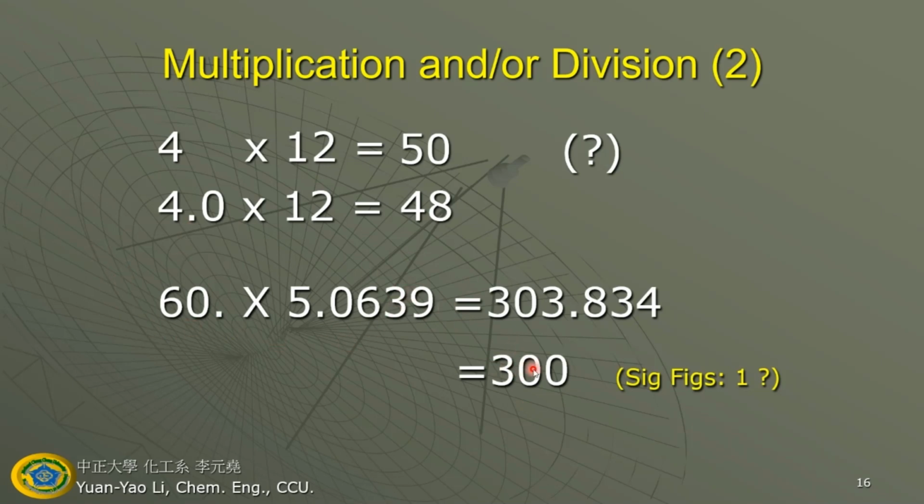You cannot reduce significant figures on the right side of the equation. So how can you express this number using two significant figures? Scientific notation, right? So 3.0 times 10 to the 2, that'll be two significant figures.